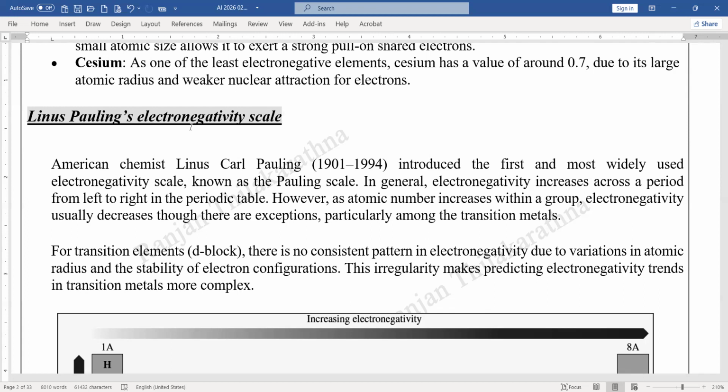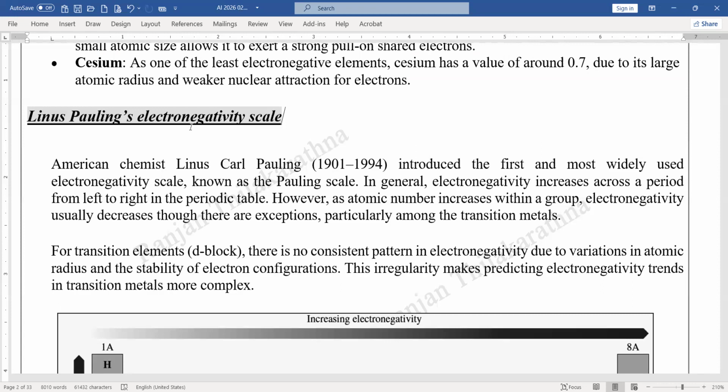In general, the electronegativity increases across the period from left to right in the periodic table. However, as atomic number increases within a group, the electronegativity usually decreases, though there are exceptions. I told you there may be some exceptions, particularly among the transition metals.